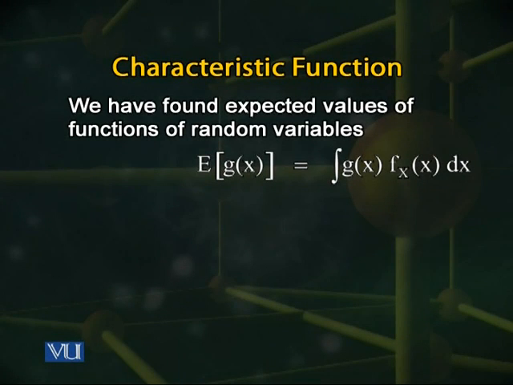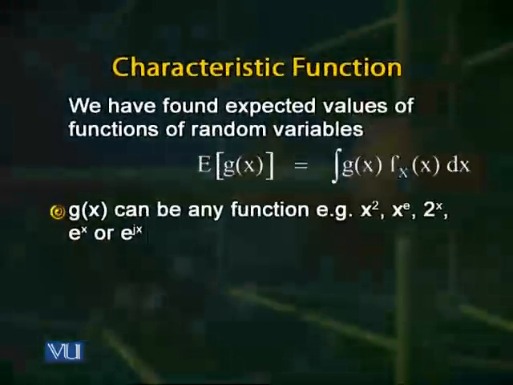If we use the underlying random variable itself, then in the integral we used x times the PDF of x, and we integrated it to get a number, which was the mean value of the random variable. If we wanted to find the second moment, we used x squared times the PDF of x and then integrated. If we wanted to find the variance, we used (x minus the mean value of x) whole squared, multiplied by the PDF of x, and then integrated.